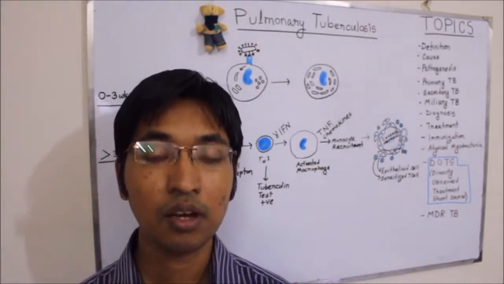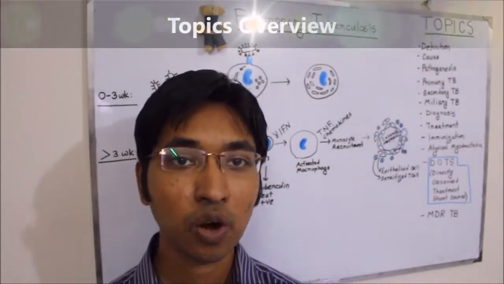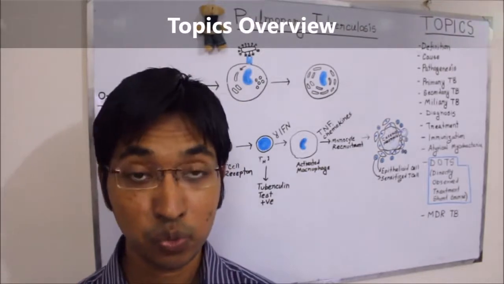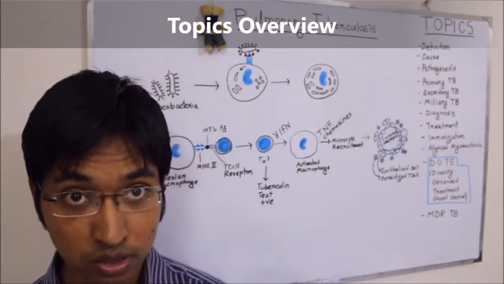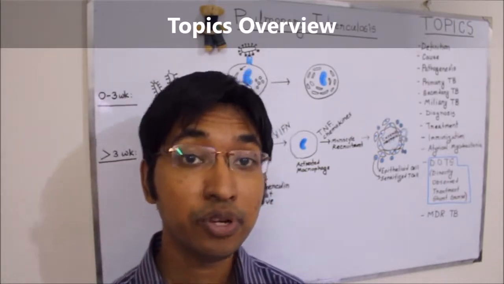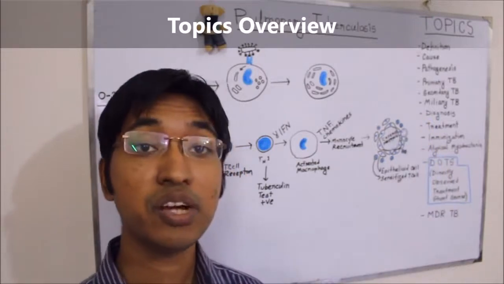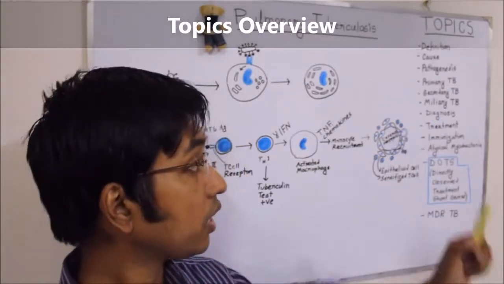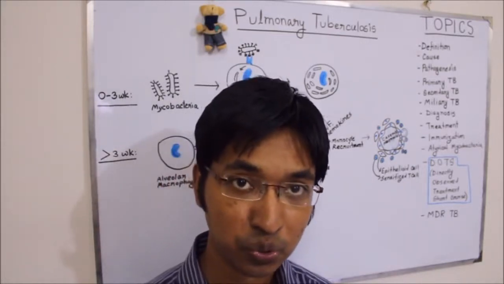Today's topic is pulmonary tuberculosis. In this video, we will try to define pulmonary tuberculosis, then discuss its cause, pathogenesis, followed by brief discussions on primary, secondary, and miliary tuberculosis, the diagnosis, treatment, and prevention of pulmonary tuberculosis.